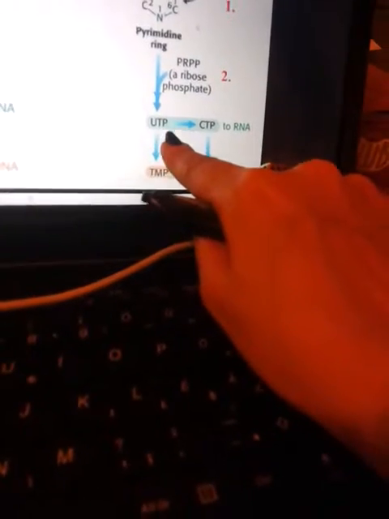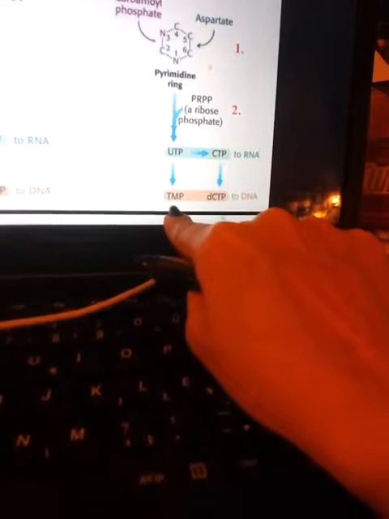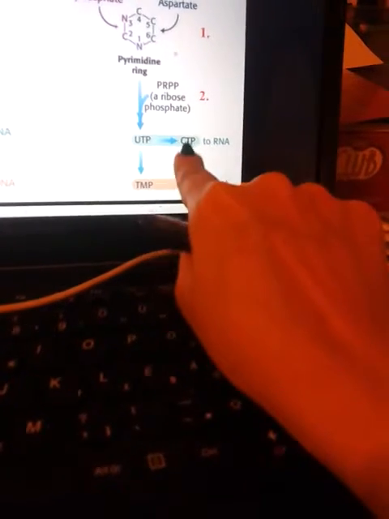From uracil triphosphate, we can produce cytosine triphosphate, and it goes to RNA. From uracil triphosphate, by the help of the enzyme thymidylate synthase, we can produce thymidine monophosphate, and from the CTP also it will be deoxidized and the deoxycytosine triphosphate, and these two thymidine and cytosine go to DNA. 5-fluorouracil inhibits here.